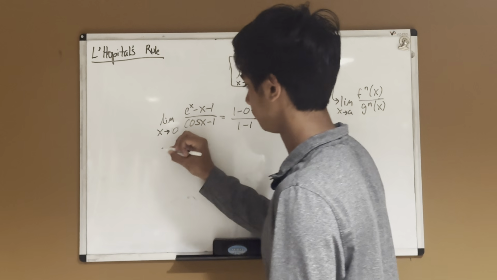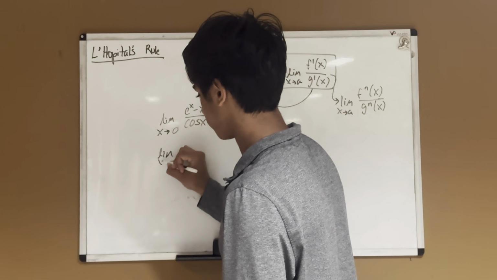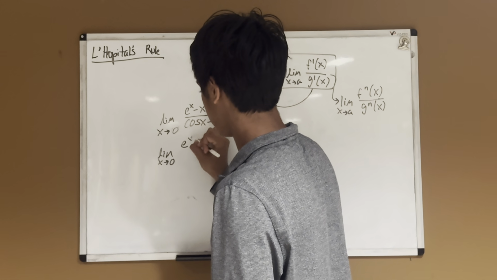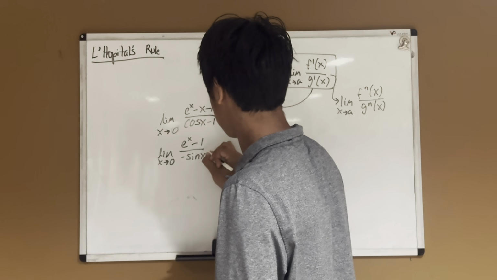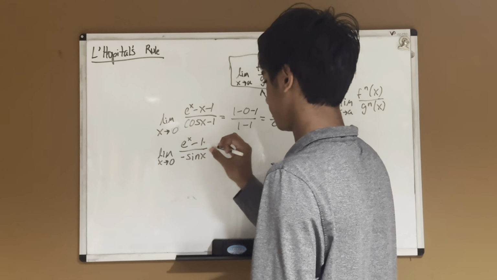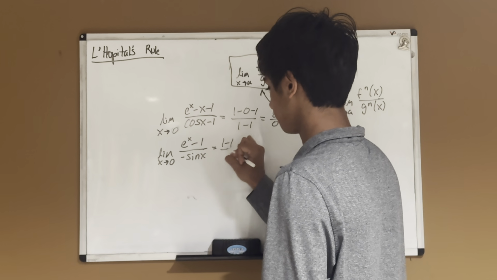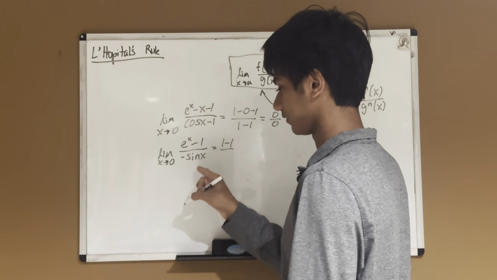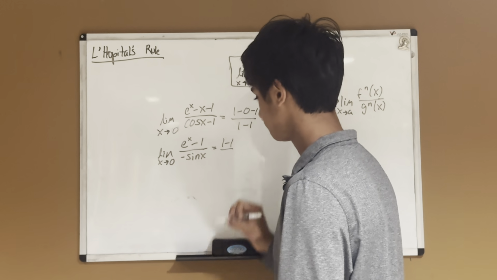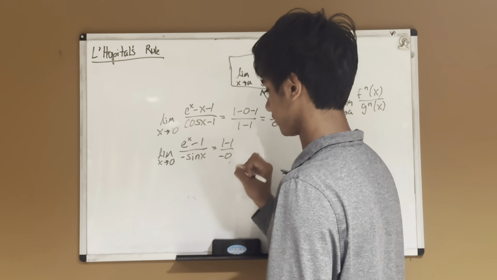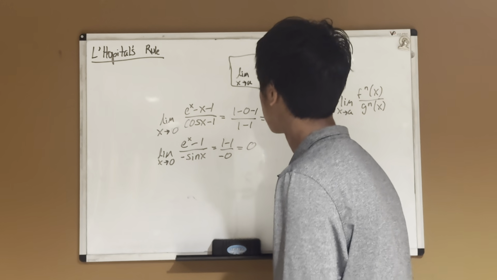So we do L'Hopital's rule and get the limit as x approaches 0 of e to the x over negative sine of x. Plugging in, e to the 0 is 1 over negative sine of 0, which is 0, so we get 1 over 0.